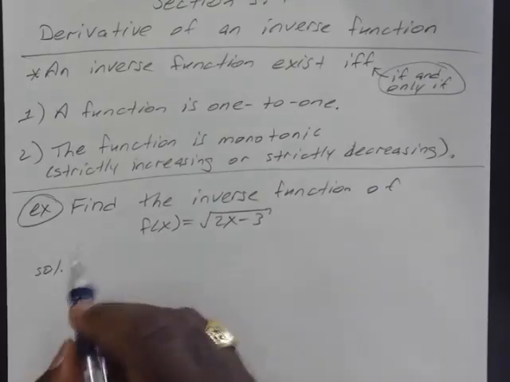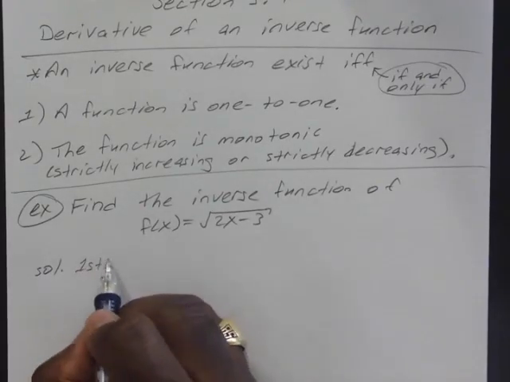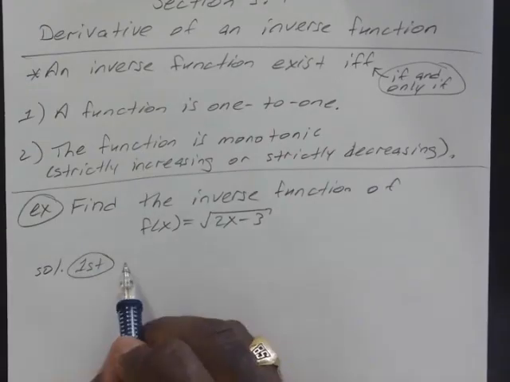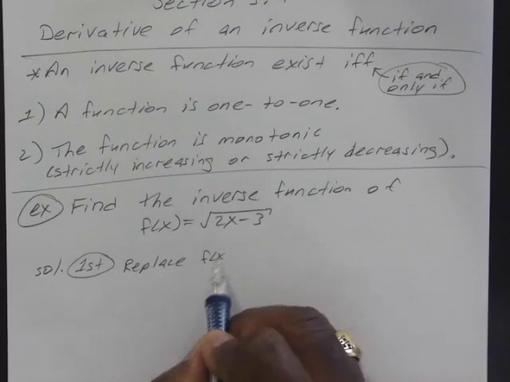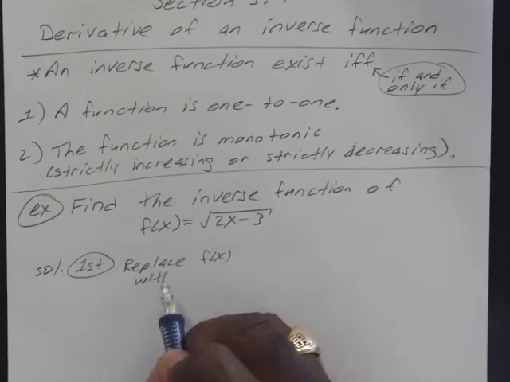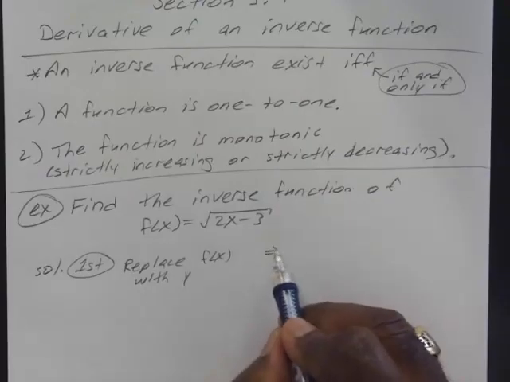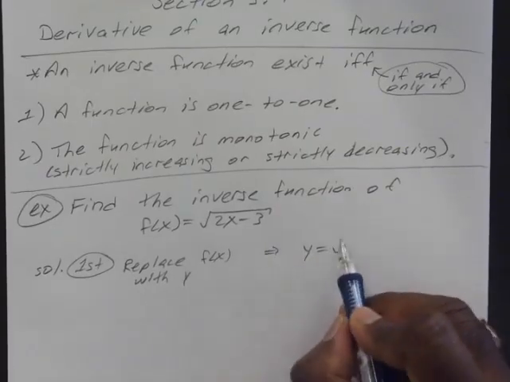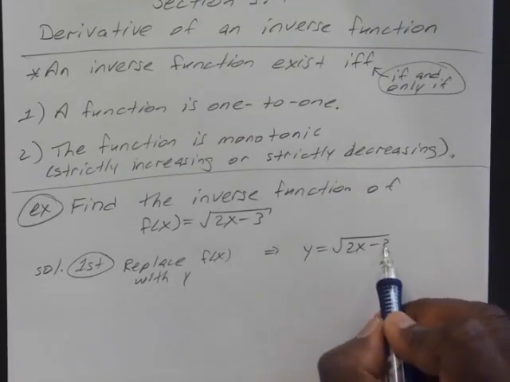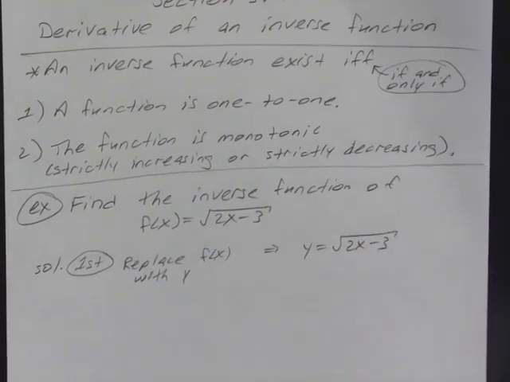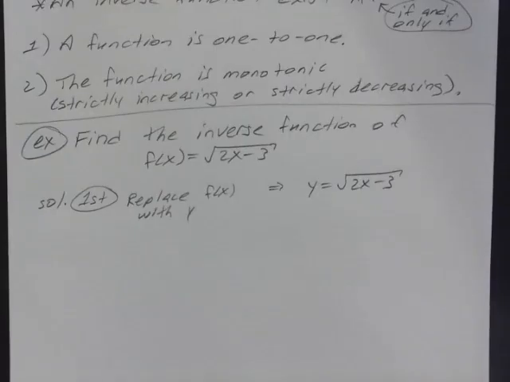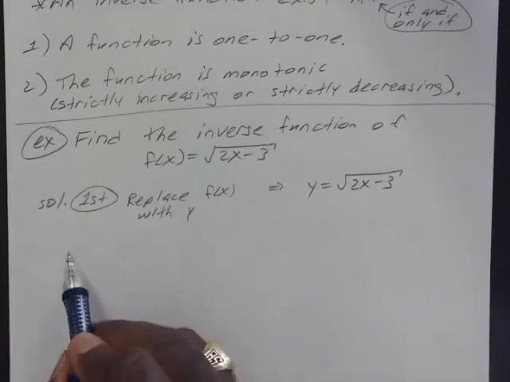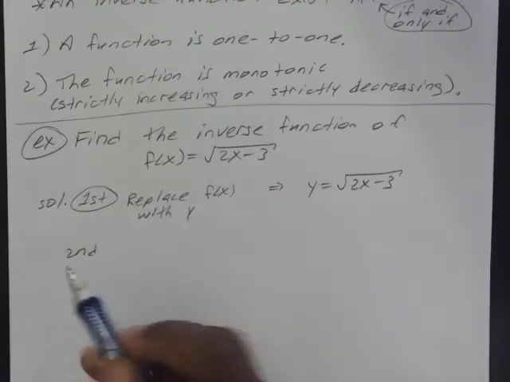So the steps for finding an inverse function is we're going to replace f of x with y. That gives us y is equal to the square root of 2x minus 3. Brings us to our second step.